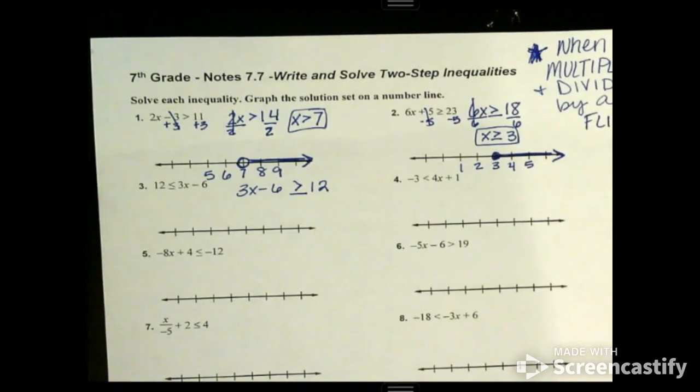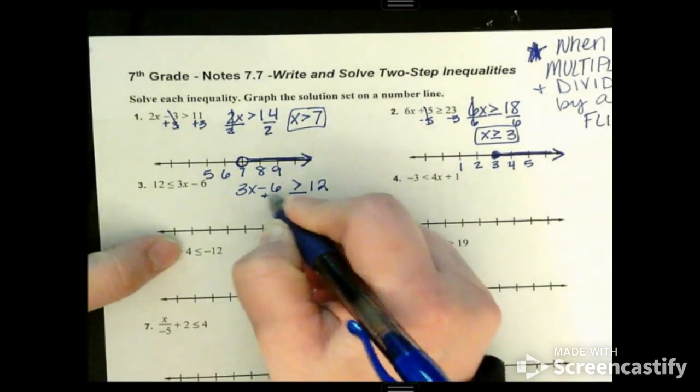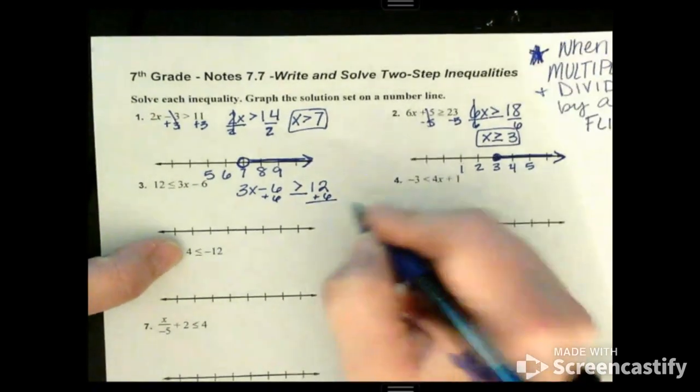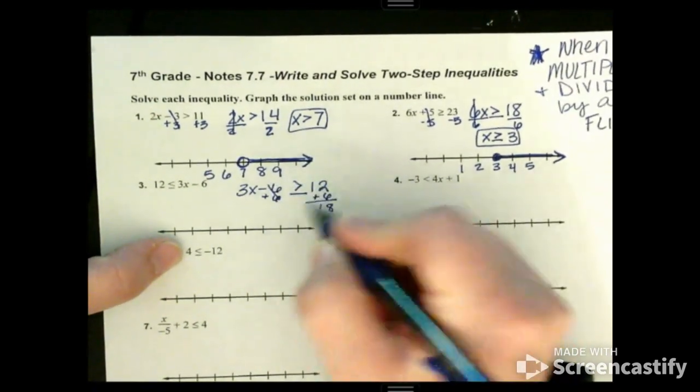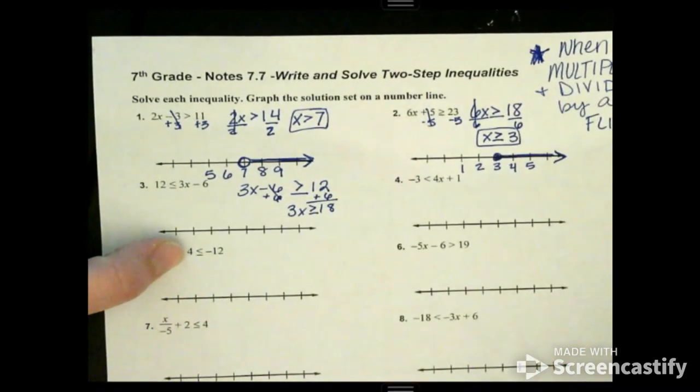So all I did was rewrite it to make reading it easier. Okay? So what do I do first? Add 6. All right, well, 12 plus 6 is? 18. So I have 3x is greater than or equal to 18. Then what?